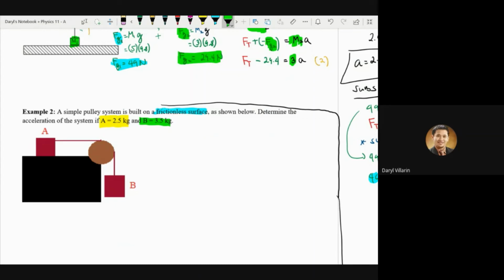If you can see in this, it would be obvious that the acceleration for A would be to the right, and for B the acceleration would be downward, okay? Downward. Or generally, the rotation of your pulley would be clockwise, okay?